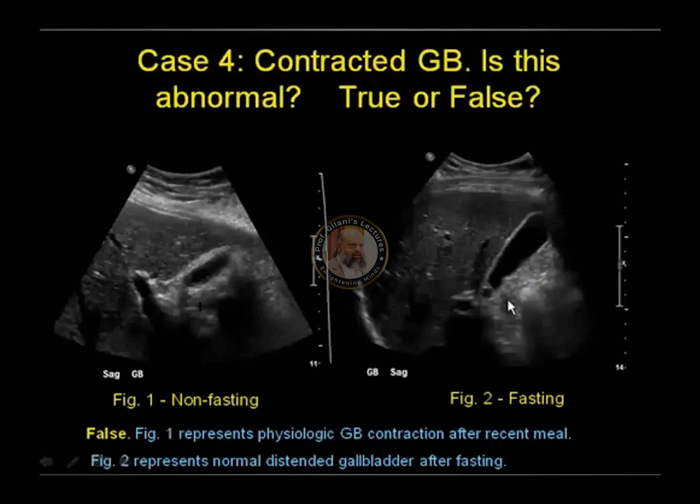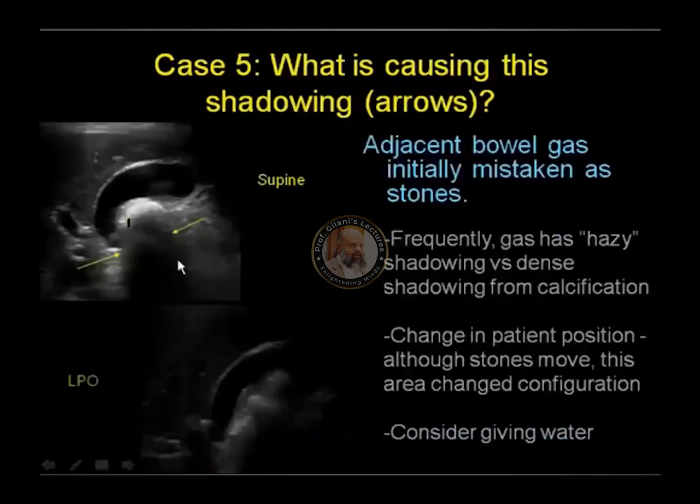Sometimes due to non-fasting, you can see this angle, this wall, giving some shadow, which is an artifact, so we can confuse it with a stone. This is another shadow here. There was adjacent bowel gas initially mistaken for a stone, and once we changed the posture of the patient, we saw that there was nothing inside. It is just the gas in the duodenum, which is near to it.